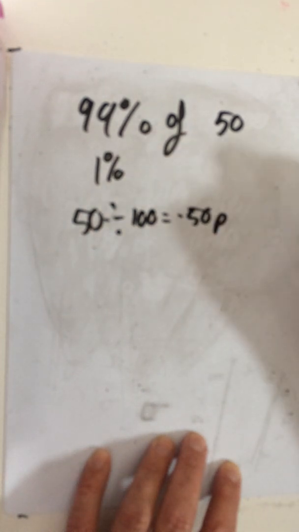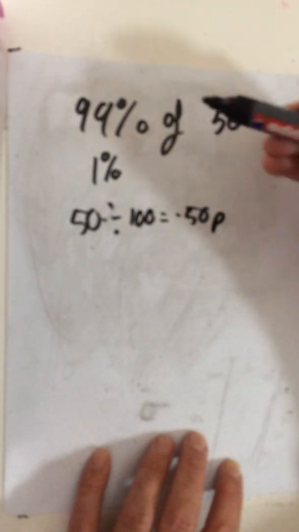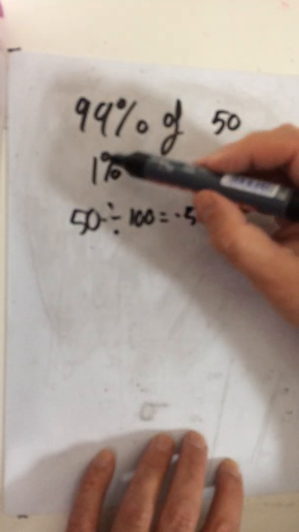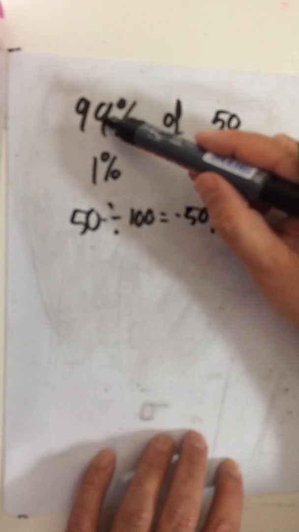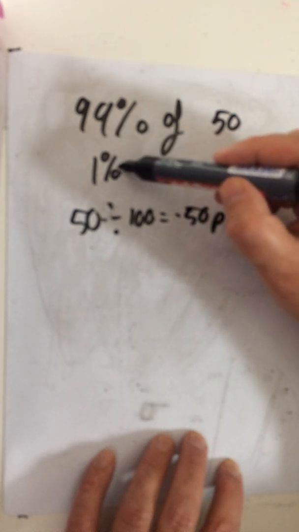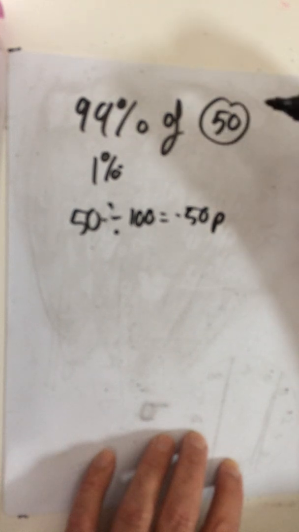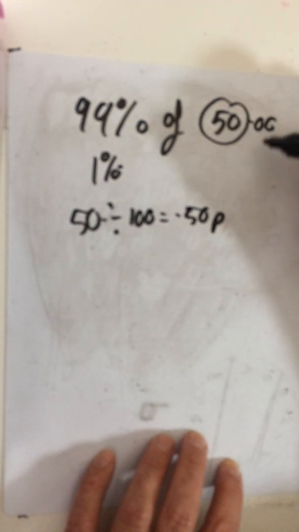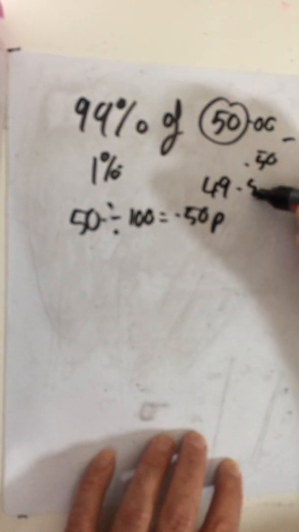Then I could take that away from the 50, because rather than find 99%, I can find 1% and take it away from that 50. So it would be £50 minus 50 pence would give me £49.50. So I don't always have to go the long way.